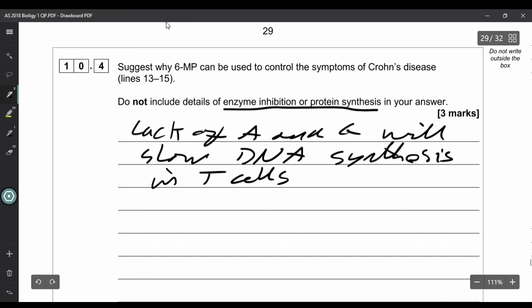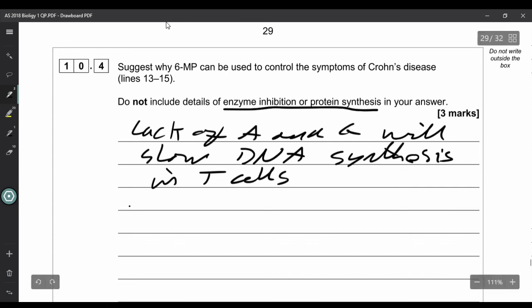Okay, so we are linking the lack of A and G with what it's going to do to the cell. So it's going to reduce the rate that DNA can be synthesized. And so we can say that it's only going to affect the T cells because they can't recycle it.